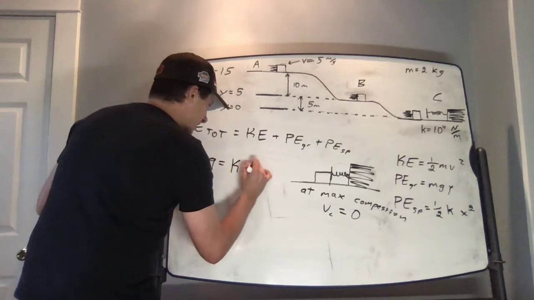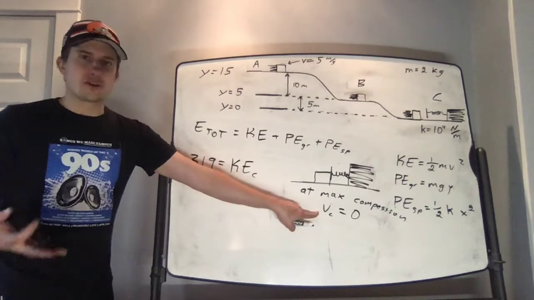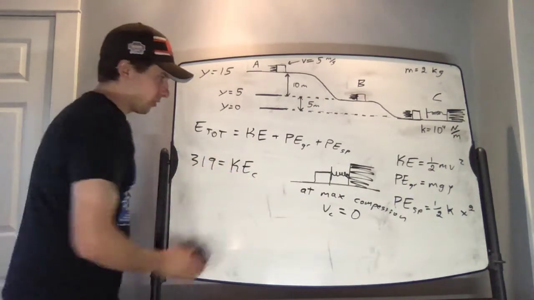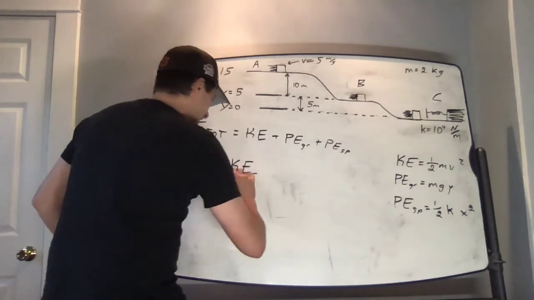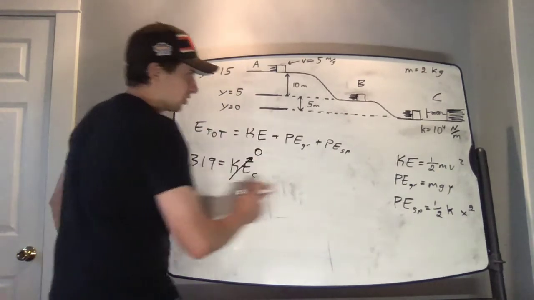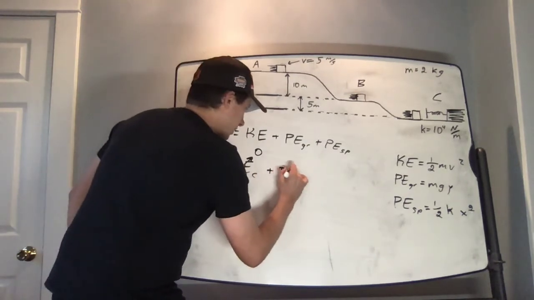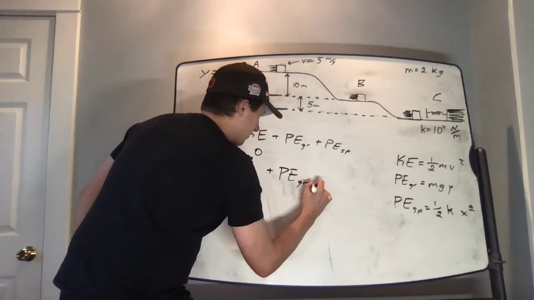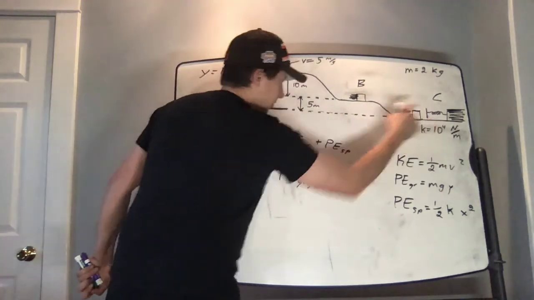So what is the kinetic energy at moment C? Well, if you're not moving, your kinetic energy is going to be 0. So at this moment, the kinetic energy is going to be 0 because we're not moving. Vc is equal to 0. The potential energy due to gravity at moment C. Well, at moment C, we have a height of 0.